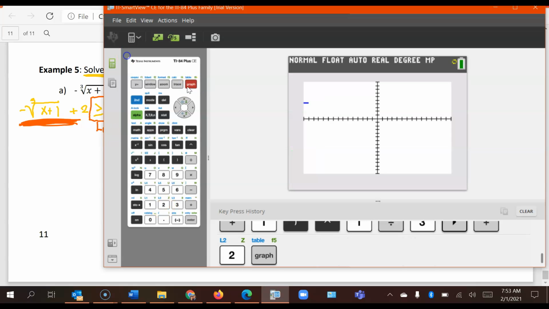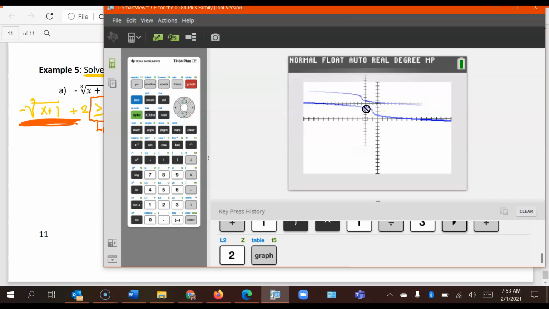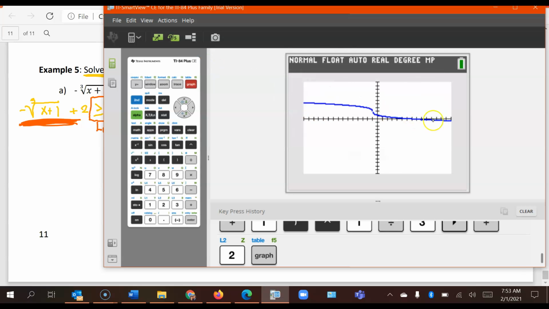So now I want to graph it. And there we go. This is my 0. Now remember, our question is, when is the graph above that? That would be all of this. When is it below it? Way over here. So I need to find that 0, which you guys know how to do.